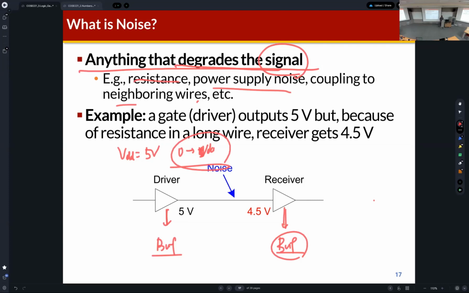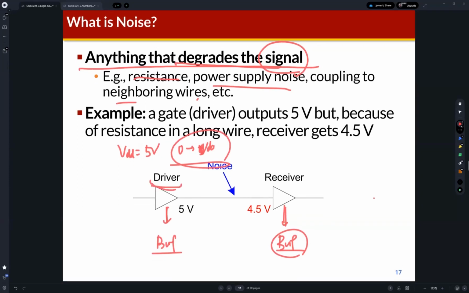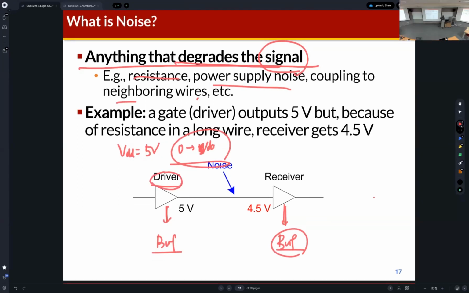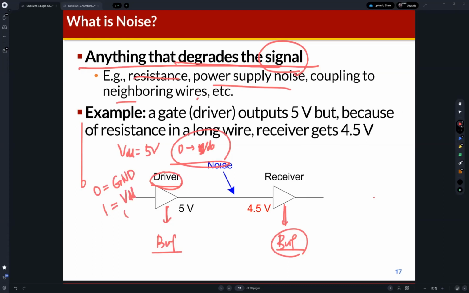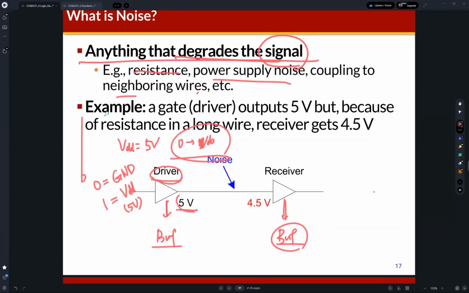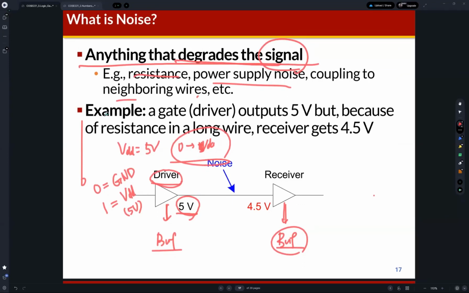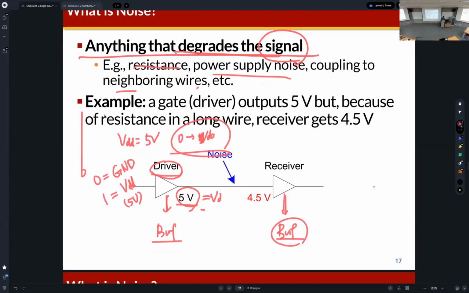Digital circuits usually generate signals where 0 is the ground and 1 equals VDD, which is 5 volt. So let us assume that this driver generates a 5 volt signal. It's VDD, which means 1.